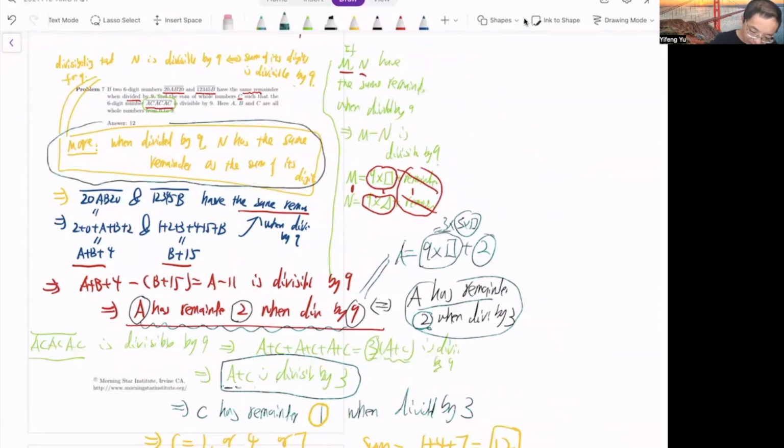It says given a number, if we want to find the remainder when this number is divided by 9, again, you can just look at the sum of its digits, and find the remainder of the sum when divided by 9. It is the same as the remainder of the original number when it's divided by 9. Okay, all right. So this is a more general version than the divisibility test.